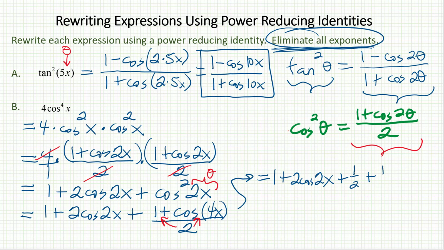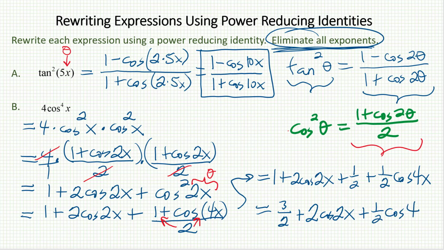I think I'm going to write that as 1/2 times cosine 4x, just to make it more resemble the other terms in the expression. And then the only like terms I have are the 1 and the 1/2. 1 plus a half is 1 1/2, or 3/2. And so I end up with 3/2, plus 2 cosine 2x, plus a half times cosine 4x. There's no way to further simplify this, and so we're finished.